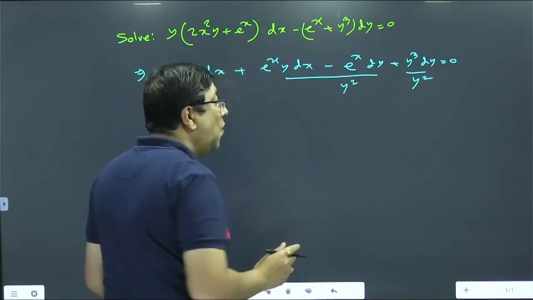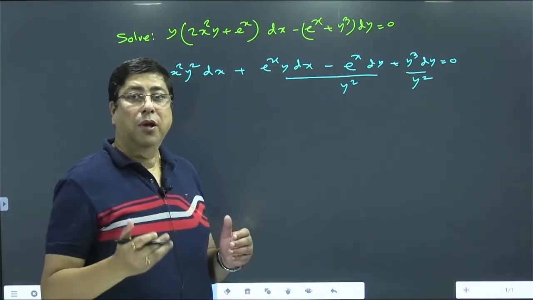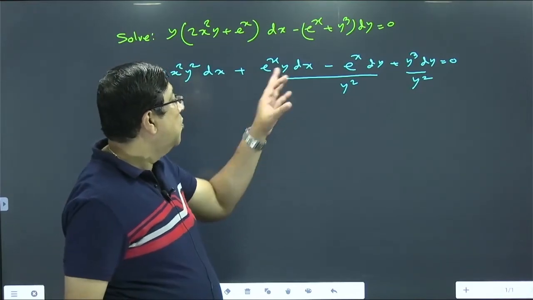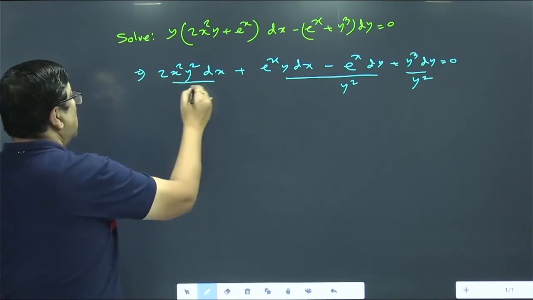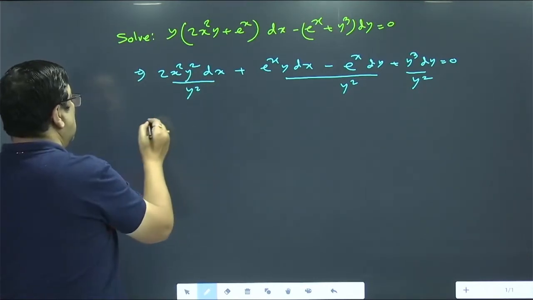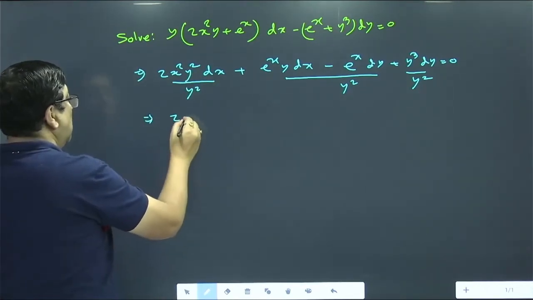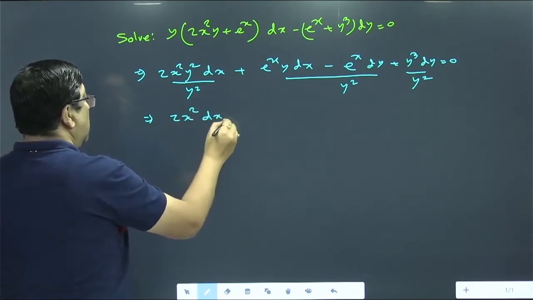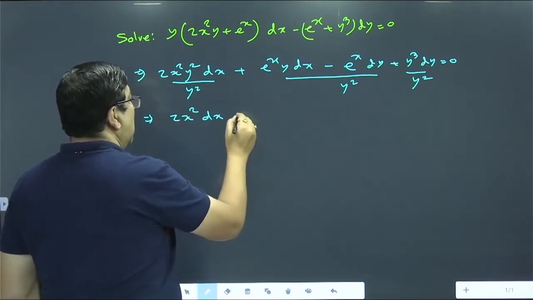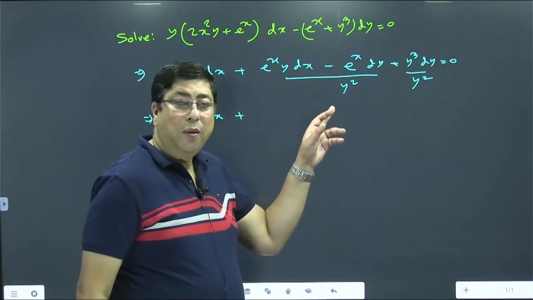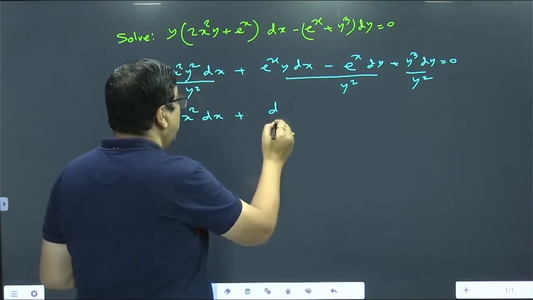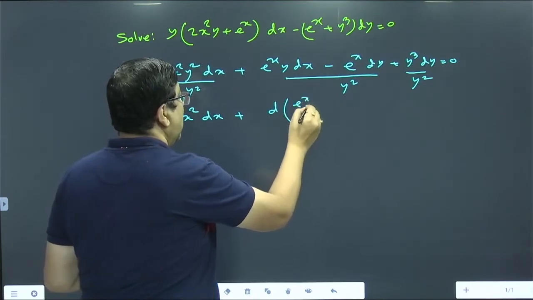Why am I dividing with y square? Because we have to get some u by v. We will try to get the u by v formula. Now with y square, we are getting pure x, so it will be easier to integrate 2x square dx plus d of e to the power x by y.